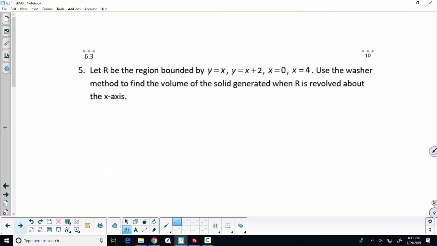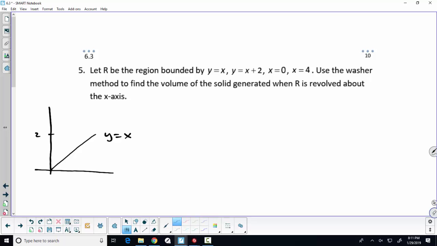So our region is bound by y equals x, y equals x plus 2, x equals 0, and x equals 4. There's y equals x, y equals x plus 2. Just set it up here.